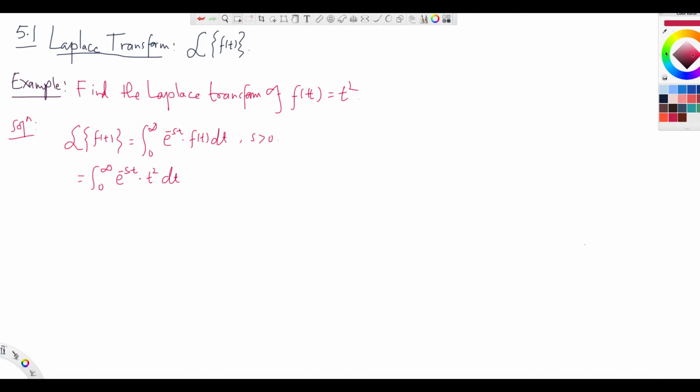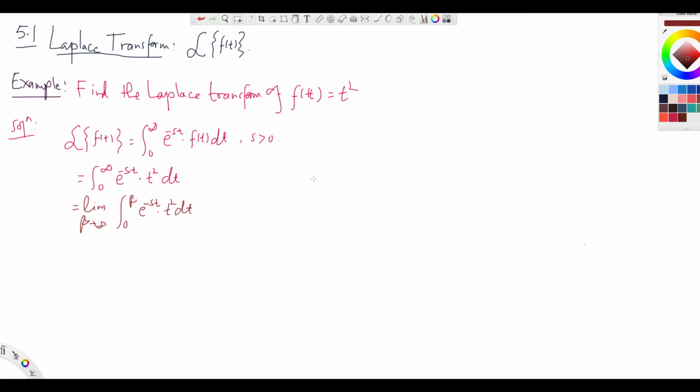So what we do is we'll have to use integration by parts. But before that, I want to write this in limit form: limit beta tends to infinity, integral from 0 to beta of e to the negative st times t squared dt.